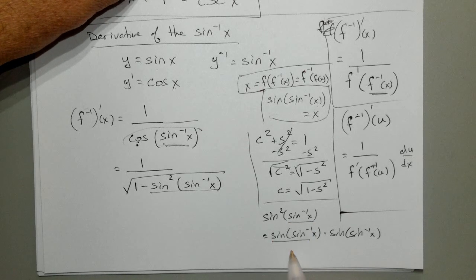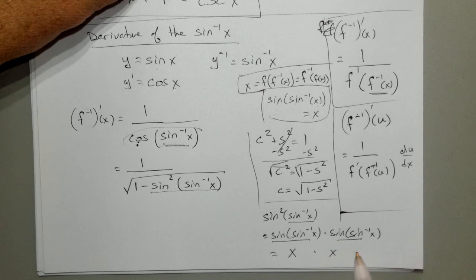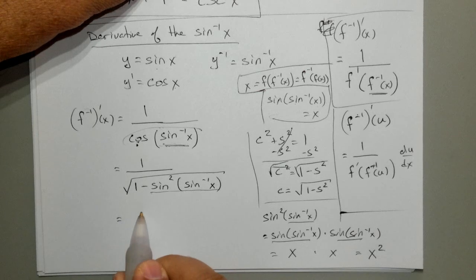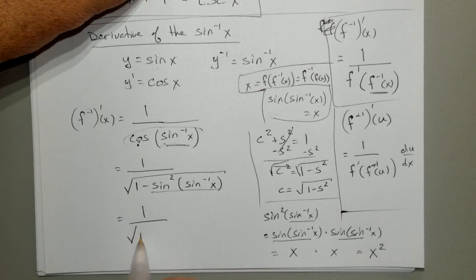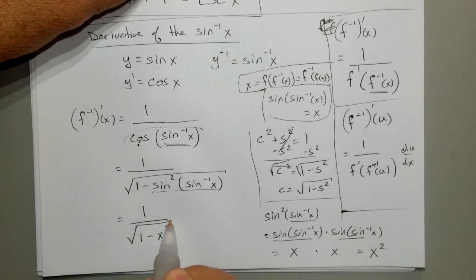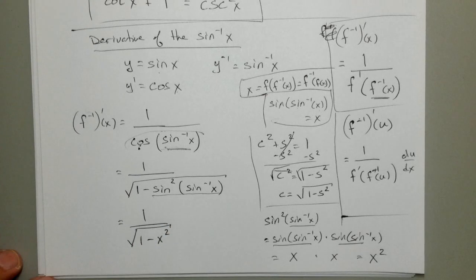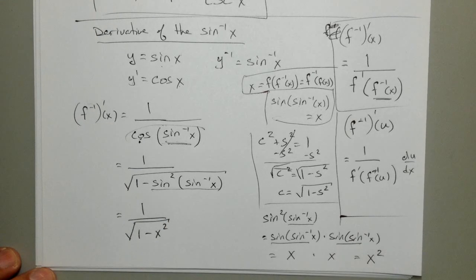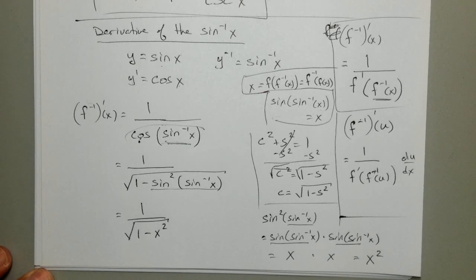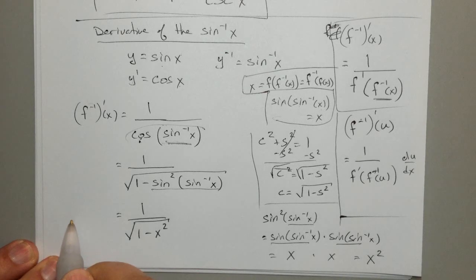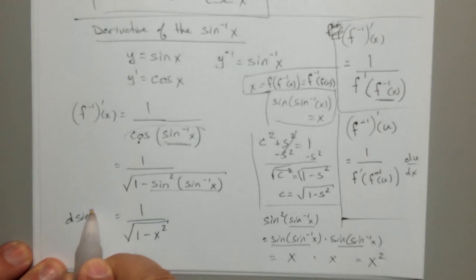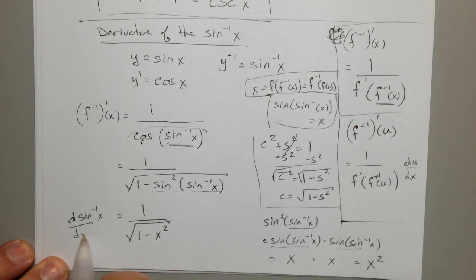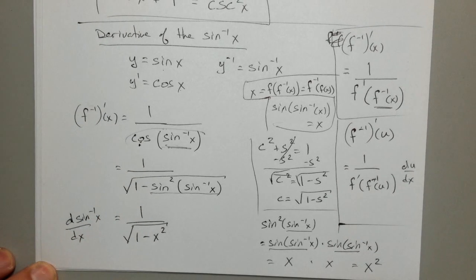So this one becomes x, this one becomes x, so together they become x squared. So there's the derivative of our inverse sine function.